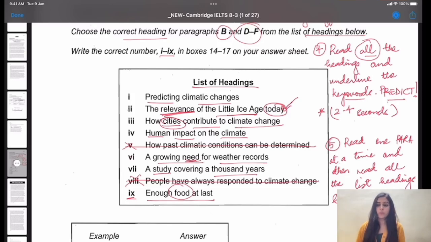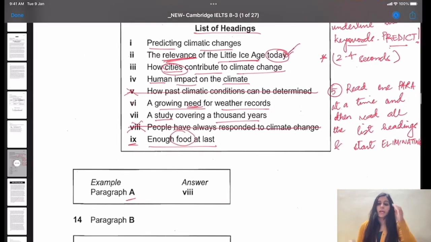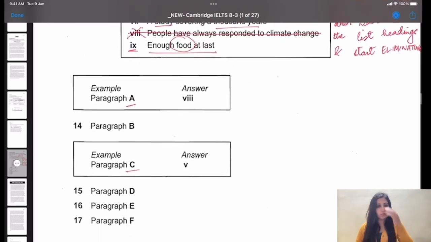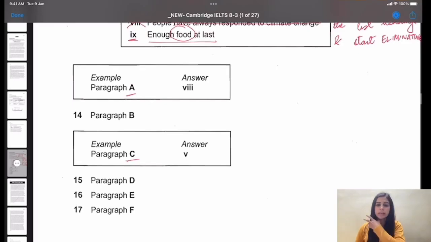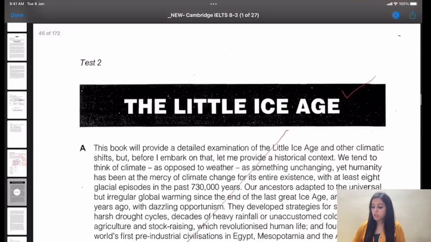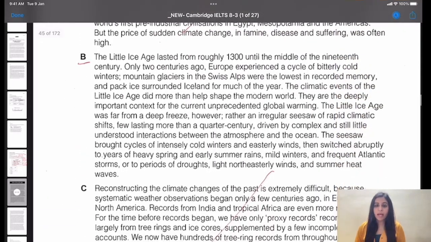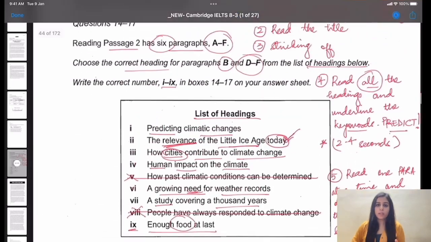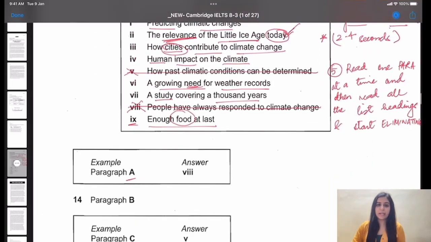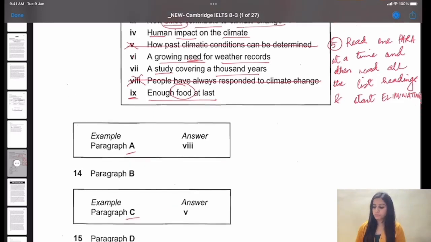So what you have to do is, I'm sorry if you can't see it, you have to pick up one paragraph. So here A is taken, C is taken, we start with paragraph B. So we read paragraph B and then we go back and read all the list of headings and then start eliminating the wrong ones or the ones that we feel are not the answers to that particular paragraph. Let me show you how.